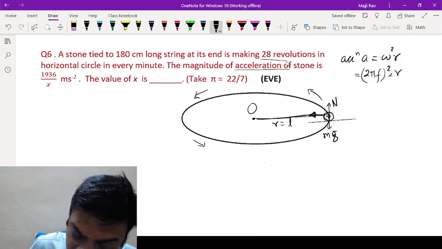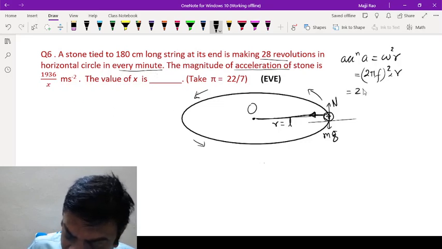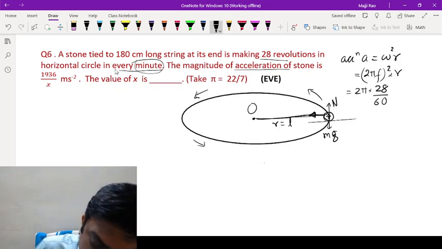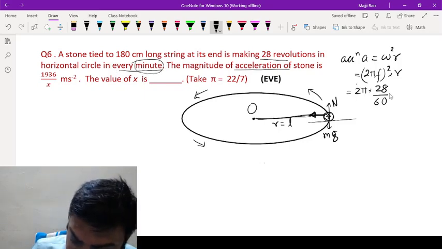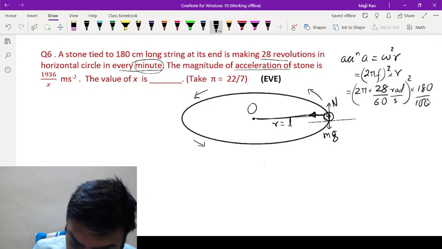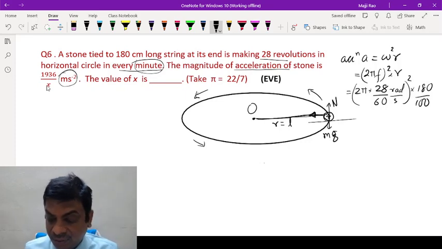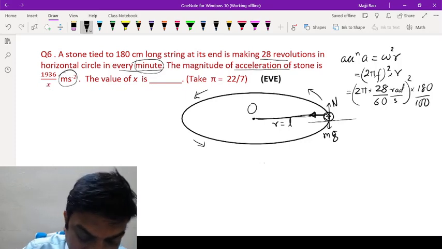Frequency is given as 28 revolutions per minute. So frequency will be 28 upon 60, because we require revolutions per second. This much radian per second into length, 180 centimeter to be converted into meter, because we require the acceleration in SI unit.